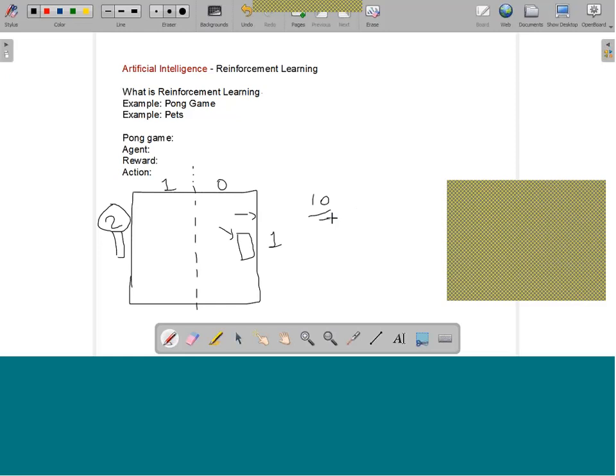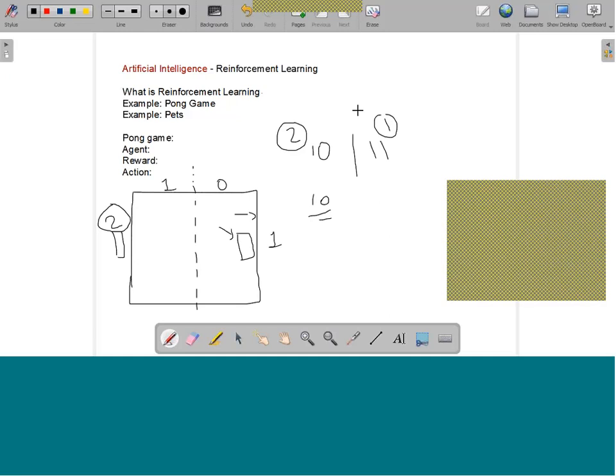Like here, after 10 minutes, the score will be 10 and 11. So player 1 gets 11 score and player 2 gets 10 score. Now tell me who wins, who loses? Yes, player 1 wins the game and player 2 loses the game by just 1 point.